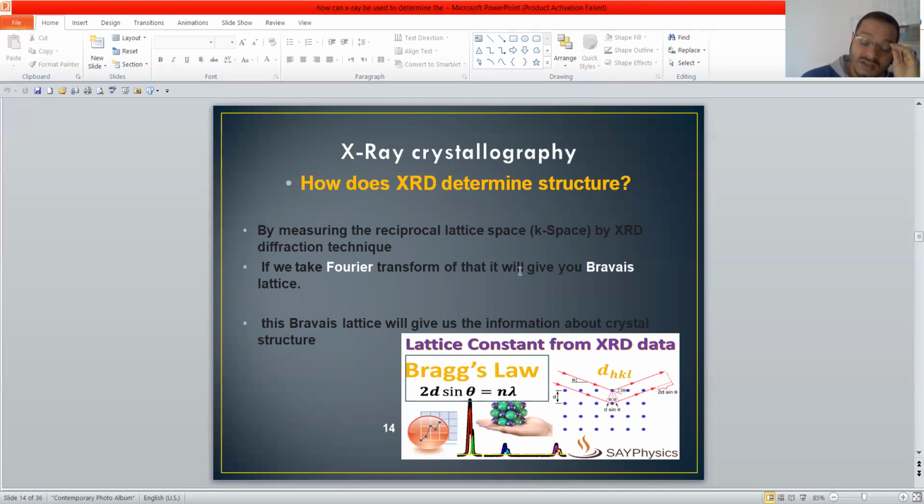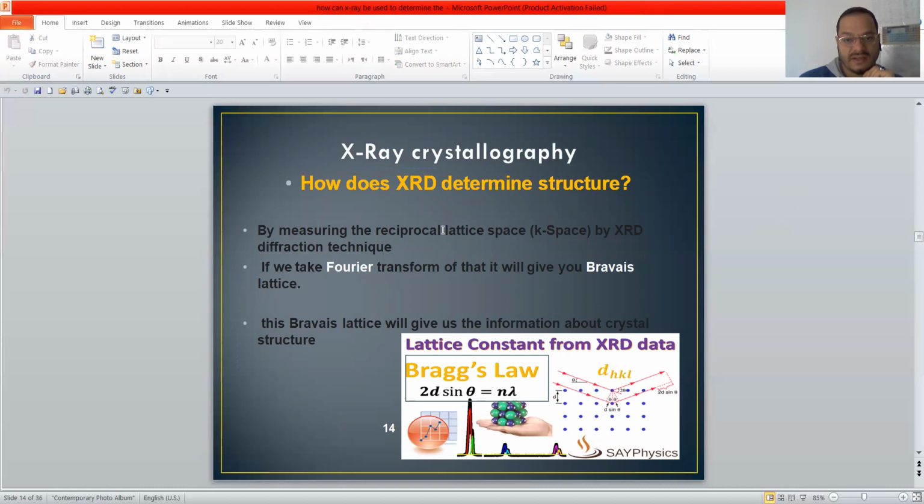How does X-ray diffraction determine structure? I repeated that, but with some different wording. By measuring the reciprocal lattice space. The lattice is a very important word in all the solid state course.